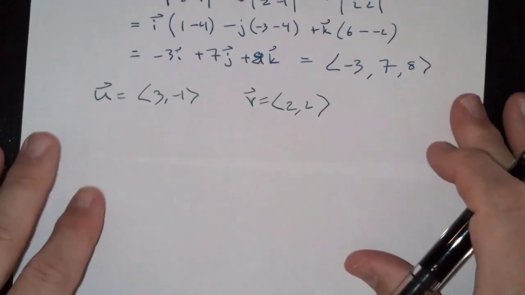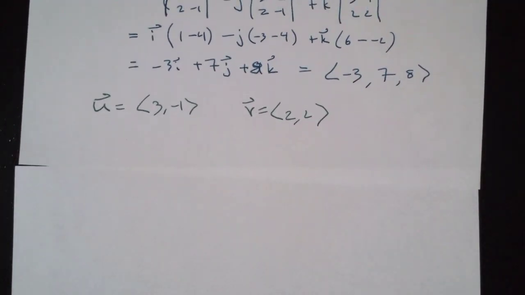I could say, hey, wait a minute, 3, -1 is in the xy plane. If it's in the xy plane, what's its z value? Same thing with 2, 2, right?